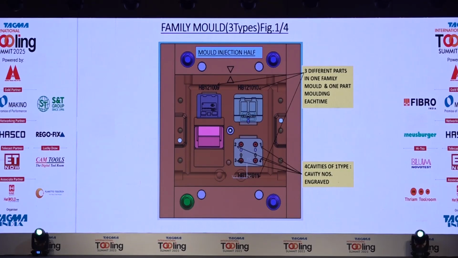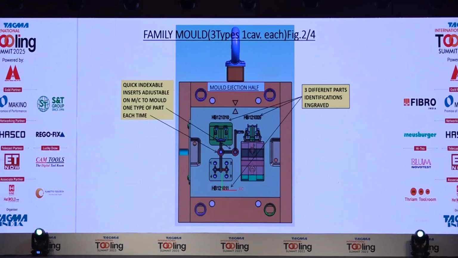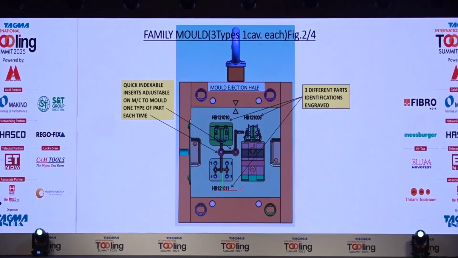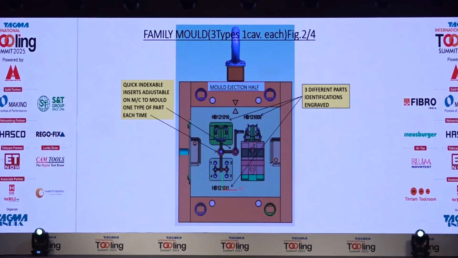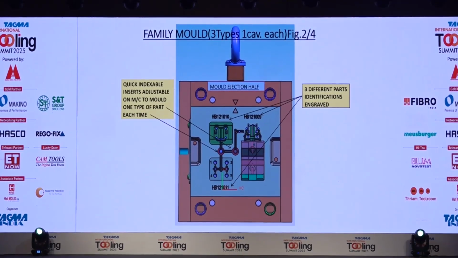But the best way here is to make it so that each part can be molded separately. You have different mechanisms, like round sections and bushes which can be rotated so that only one part can be molded at a time. You have the choice of molding one at a time, or you can mold all three at a time also.